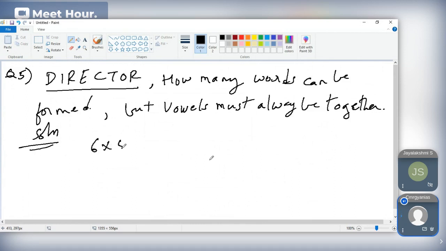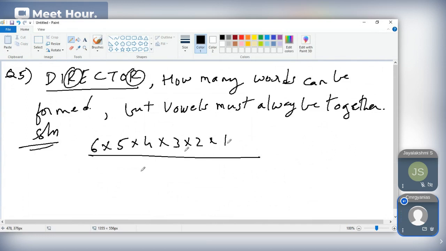Here, 6 factorial is 6 into 5 into 4 into 3 into 2 into 1. Okay? And here you're forgetting that R is repeated twice. Correct? So if it is repeated twice, what you should do? Divide by 2 factorial. If you divide by 2 factorial, this becomes 360.